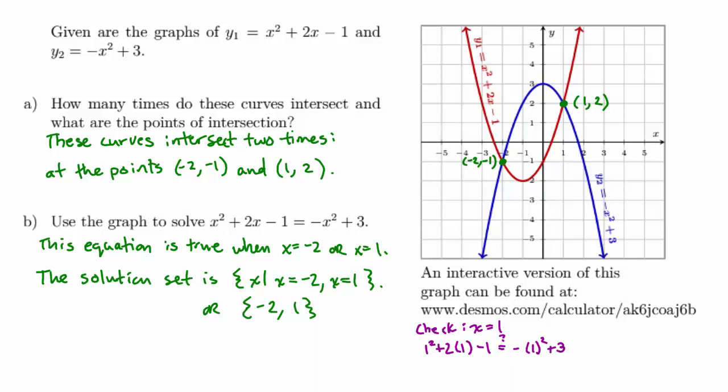Simplifying the left-hand side, I get 1 plus 2 minus 1, which is 2. And simplifying the right side, I get negative 1 plus 3, which is also 2. So what I can see is that 2 equals 2, those were my y values. Those y values were the same when x was 1, and 1 is my solution there.